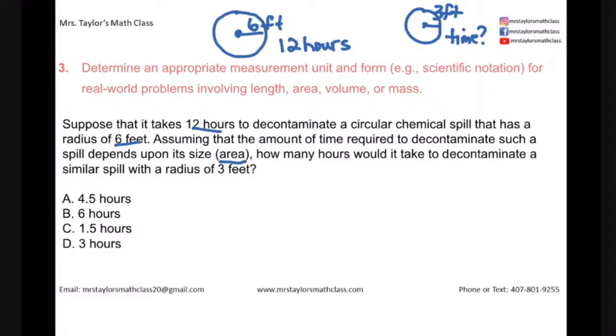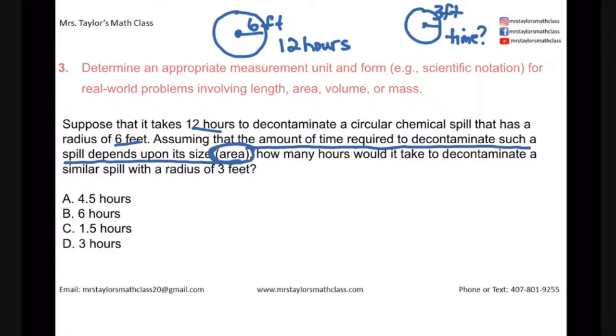So what are you going to do? You're going to set up a proportion. But the first thing you got to do, this part is important. It says the amount of time required to decontaminate such a spill depends on the size of the area.